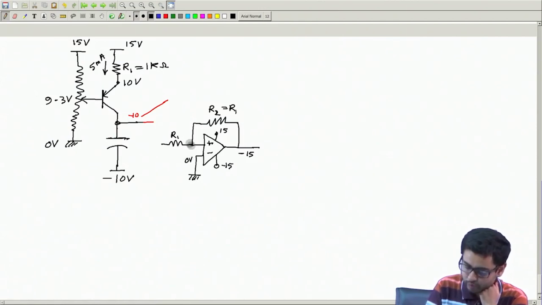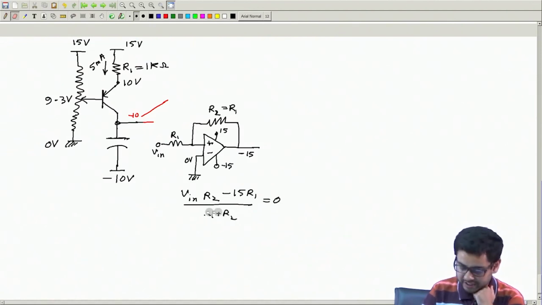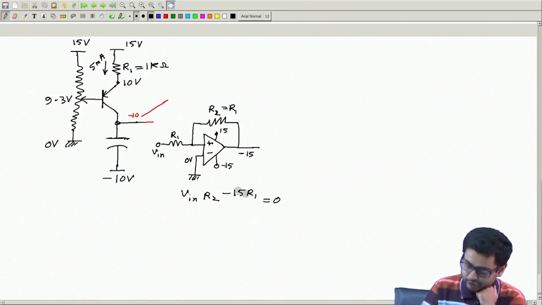If this is 0, then the output will change. So if this is V in, the boundary condition is that this voltage, V in R2 minus 15 into R1 divided by R1 plus R2, should be equal to 0.